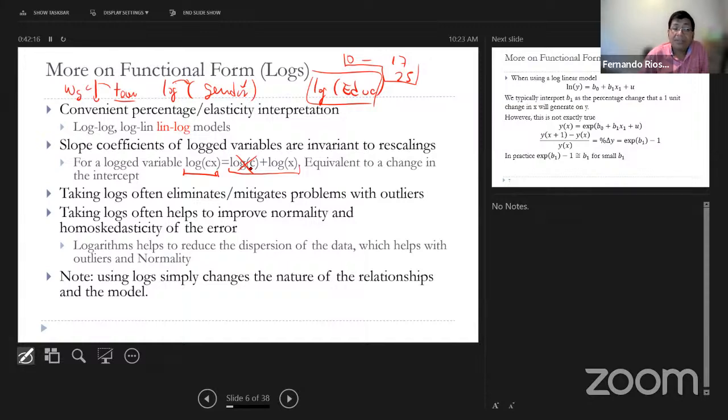Another way of thinking about this is that every time you introduce a log in your model, you are changing from talking about absolute relationships to talking about relative relationships, and relative relationships are typically invariant to changes in the scale of the data that is being transformed.